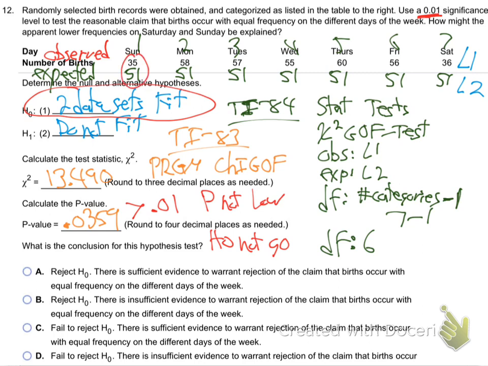Even though these are a little different here and these are different there, we say, they fit good enough. At least there's not super strong evidence. There is some evidence, but there's a 3.59% chance that this data could have happened just by luck, that really, the same number of babies were born each day.